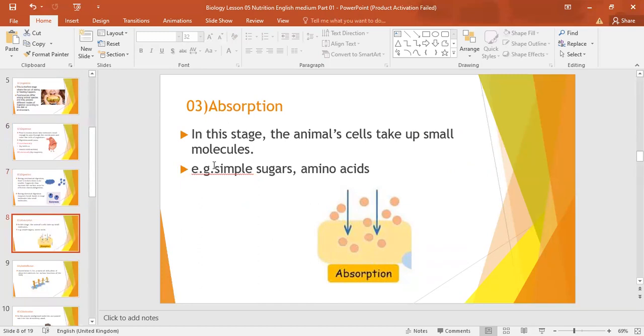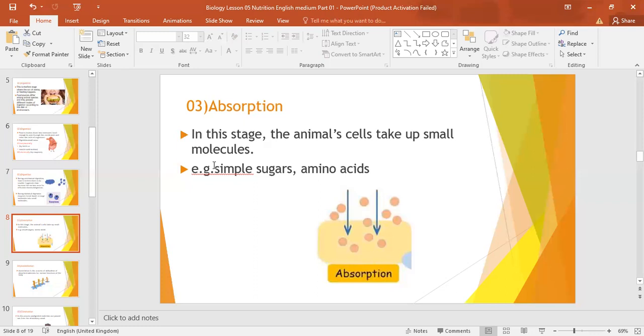You know, there are 4 types of organic compounds: carbohydrates, lipids, proteins, and nucleic acids. In any organic compound, for absorbing by cells, the particular nutrient should be in the simplest mode.